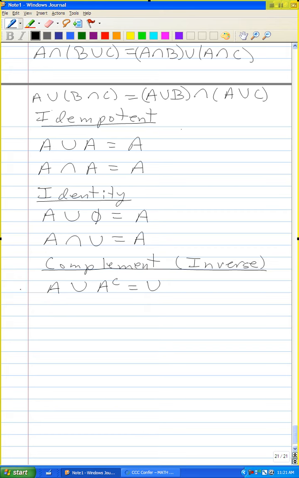Well, no, actually, let me do it with the empty set. Okay, so that's the universe. And A intersect the empty set is the empty set.